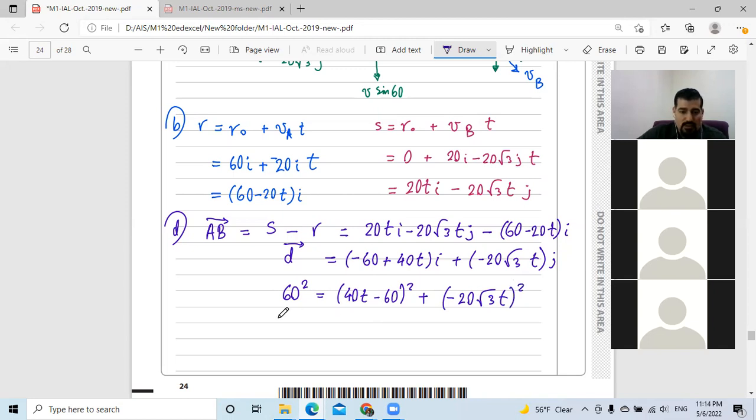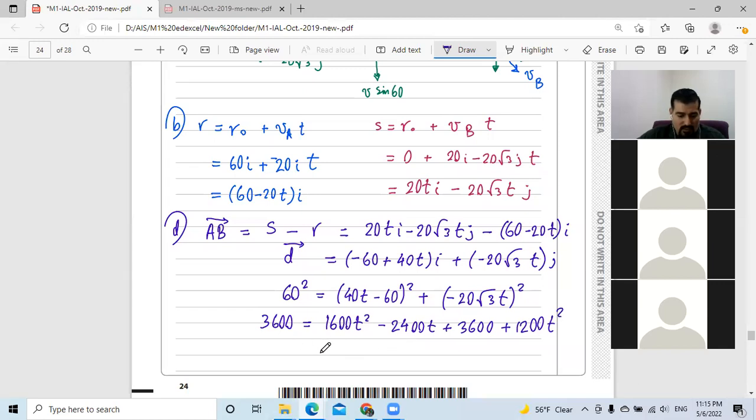So 60 squared, 3600, equals, when I open this one, 40 squared, 1600 t squared minus 2400t plus 3600, and here plus 20 square root of 3 squared, that means 400 times 3, which is 1200 t squared.